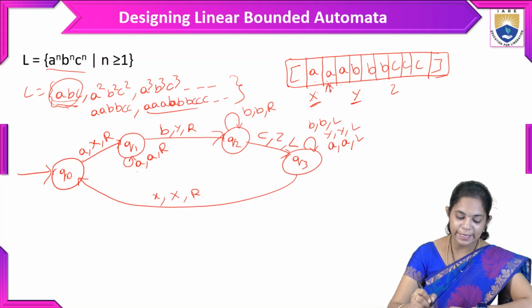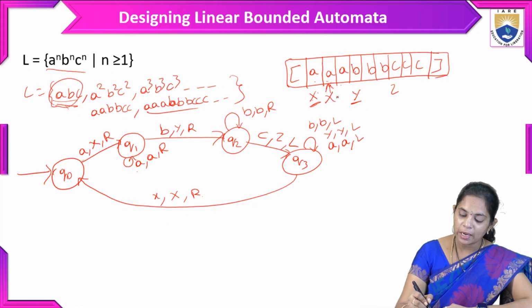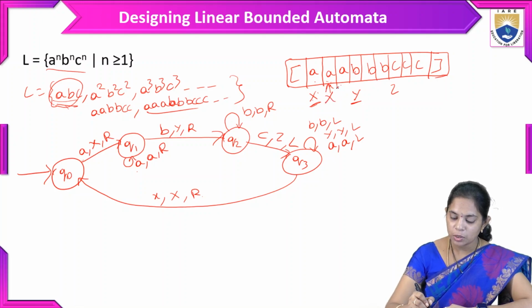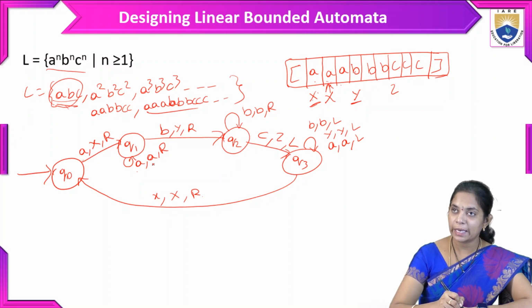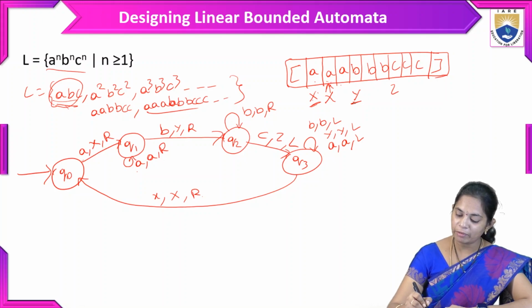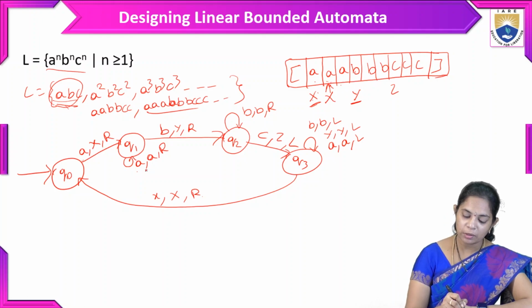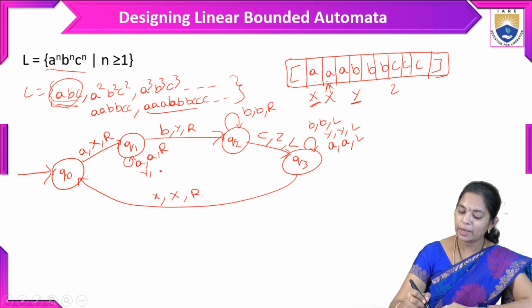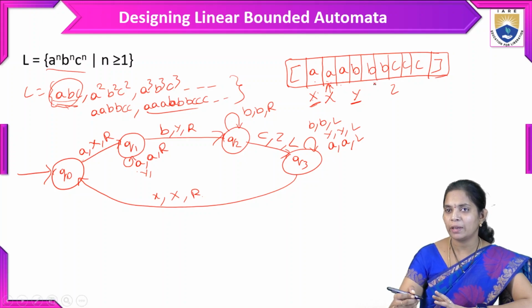Here A is replaced with X and moving to the right direction. Then we saw the A value, A is replaced with A only, and go to the next state. And here we have the Y value. After finishing this step, we saw the Y value. So here with Y, what we have to do is replace the B value.